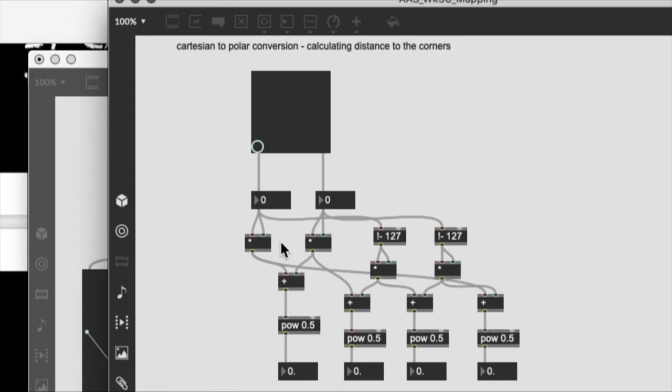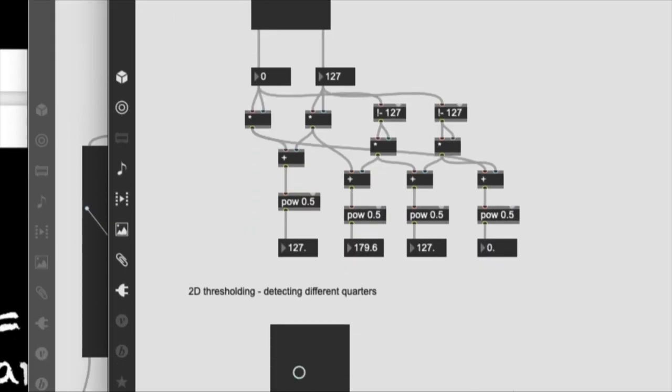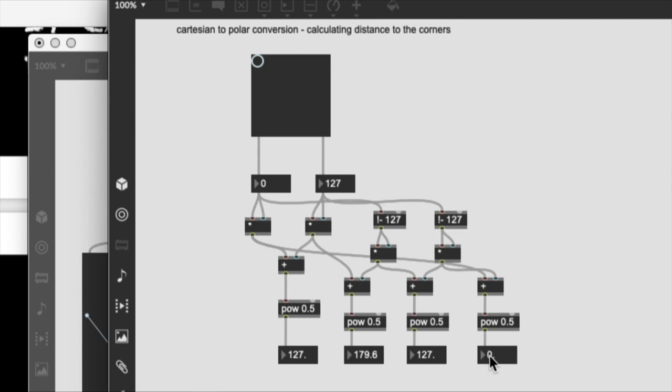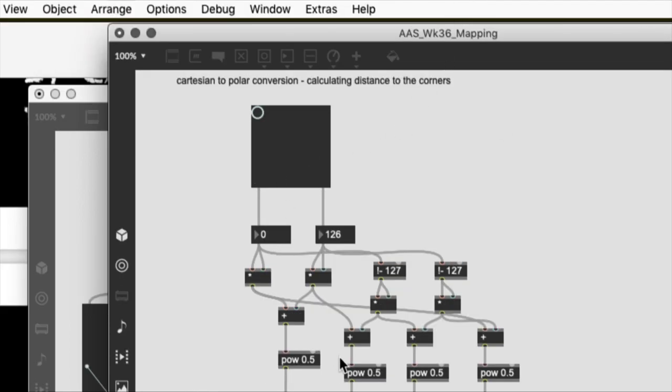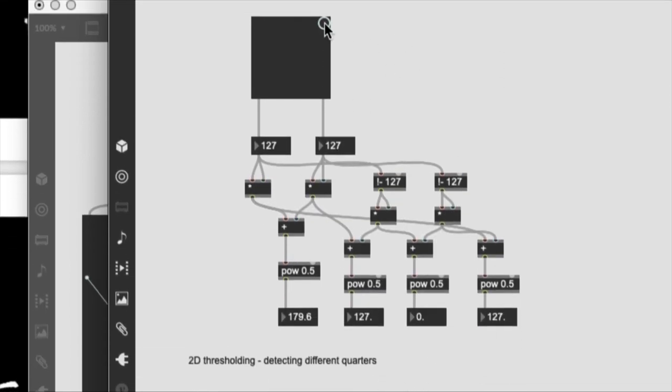A bit of math. So what I have here is that this is my top right corner, 0. This is my top left is this one, top right is number 3, bottom right is number 2, and this is my 1.